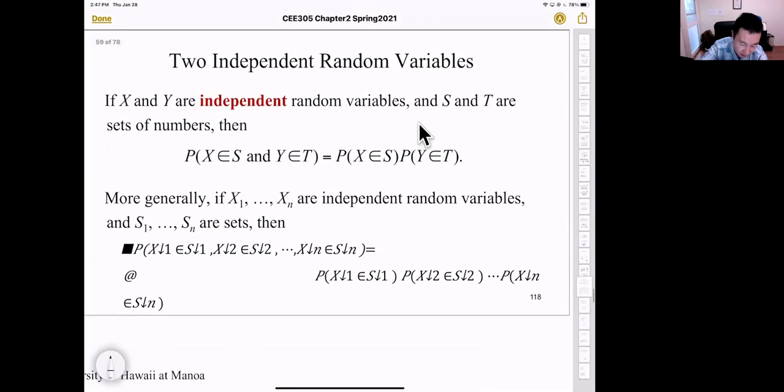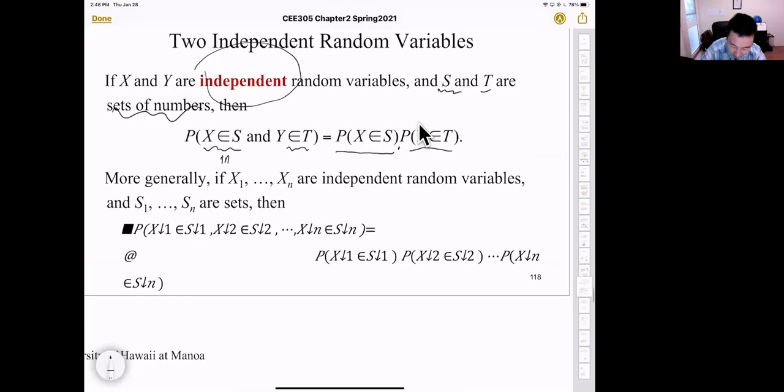If we know X and Y are independent random variables, and S and T are sets of numbers, then the probability that X is in set S and Y is in set T equals the probability of X in set S times the probability of Y in set T, providing X and Y are independent.